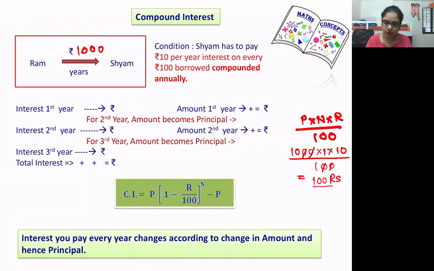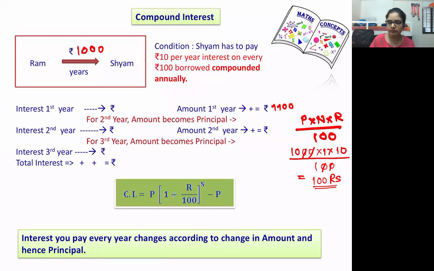This was for the first year. The money that Sham should have returned after 1 year would be 1000 plus 100, that is 1100. So Sham should have returned 1100 to Ram in 1 year's time.